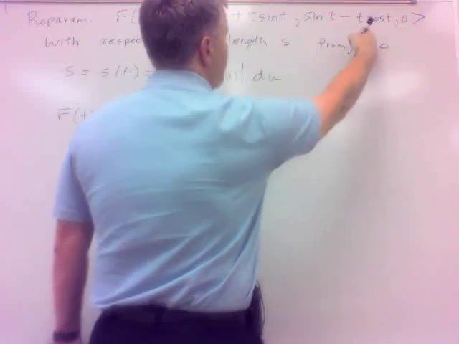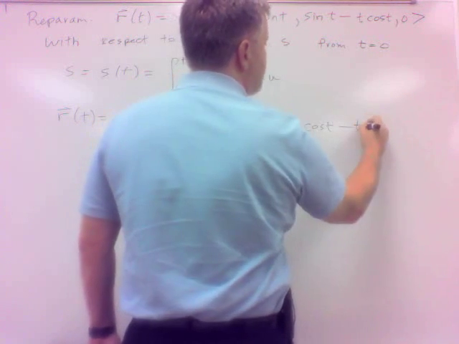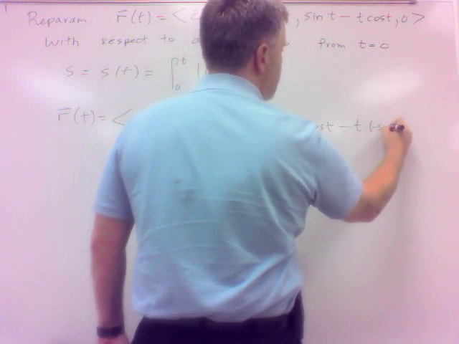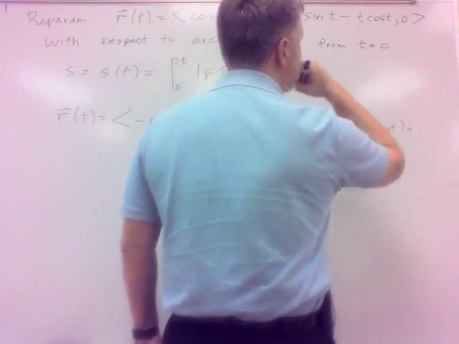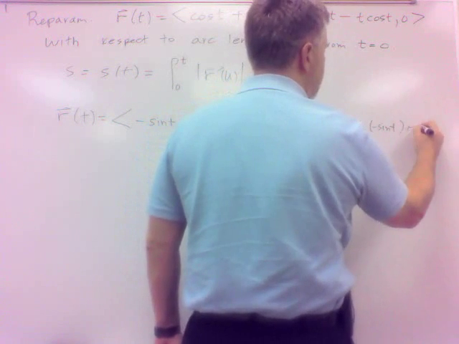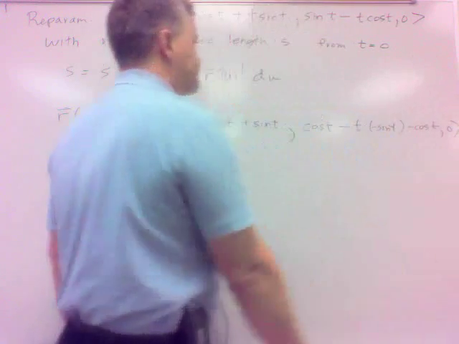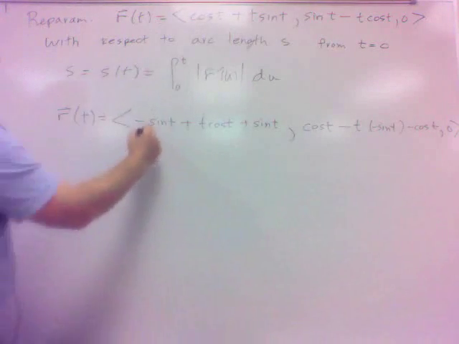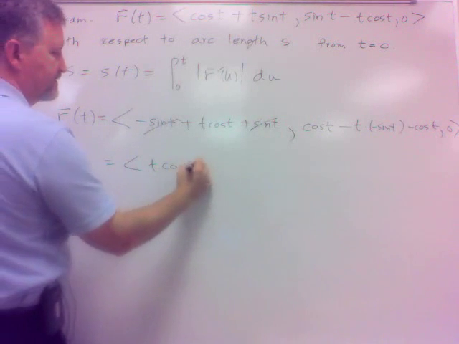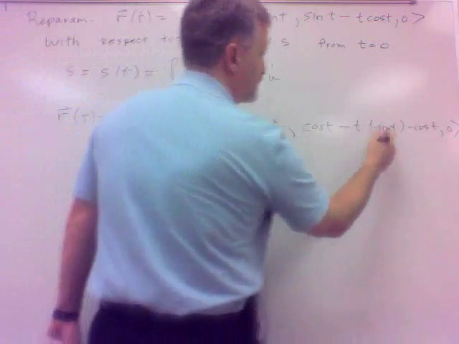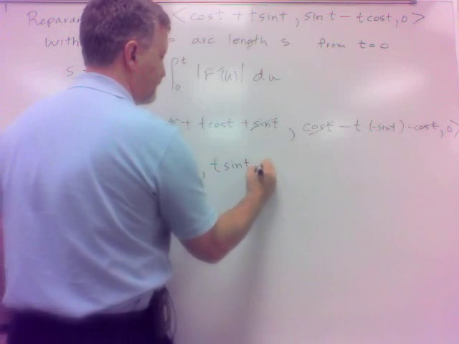And then the derivative of the second component would be cosine t minus t times negative sine t, and then plus sine t... cosine t times negative 1, so it'll be minus cosine t. And then of course the derivative of 0 is 0. That's why we chose this one, because we just get t cosine t, t sine t, 0.